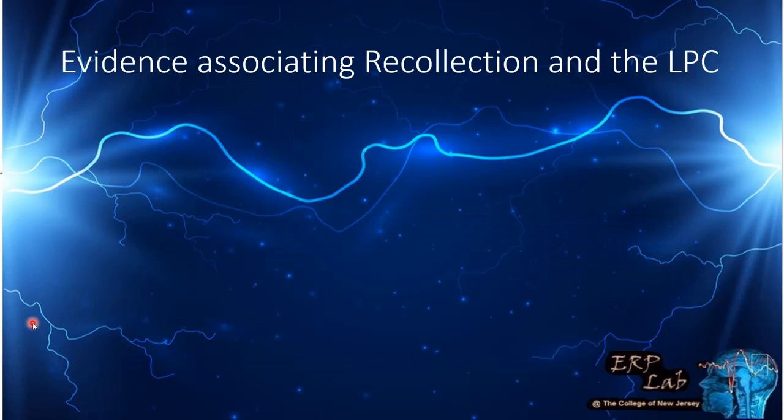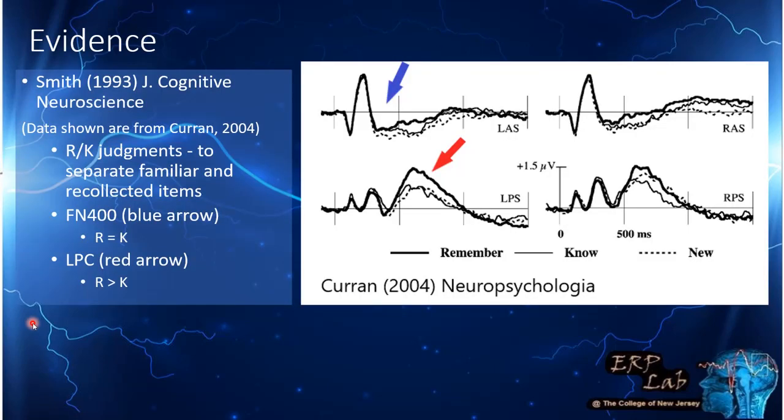So let's consider some of the evidence that is associating recollection and the LPC as we dive a little bit deeper. This begins in the early 90s with studies that were linking this ERP with recognition, and one such study used R and K judgments. R and K judgments are remember and know judgments.